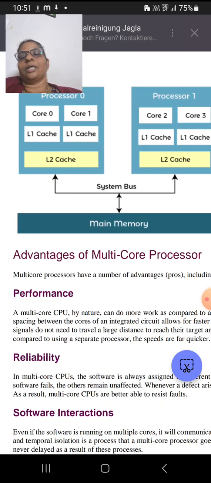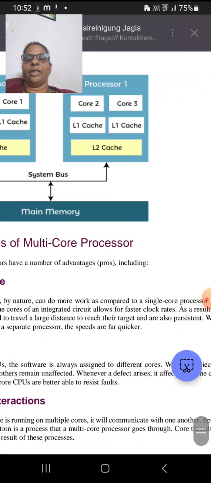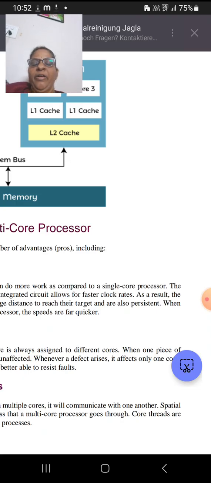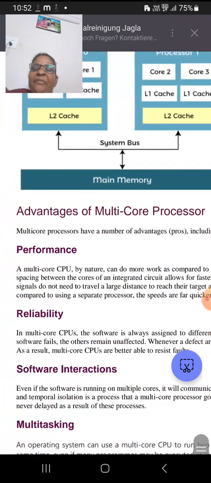The main advantages of multi-core are performance, reliability, and software interaction. As for performance, multi-core CPUs by nature can do more work as compared to a single core processor.